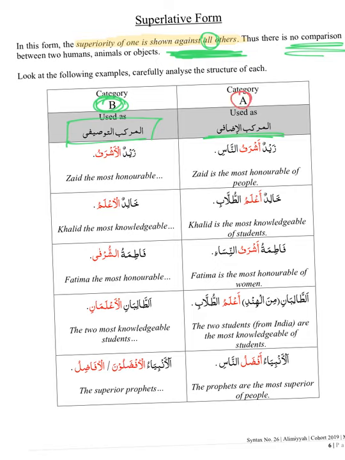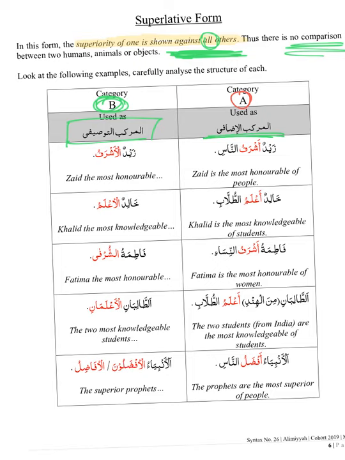So when you are using ismut tafdhil as mudaf mudaf ilayh, then the rule is very simple. In fact, it's got a little bit of detail. Let me just backtrack on that.